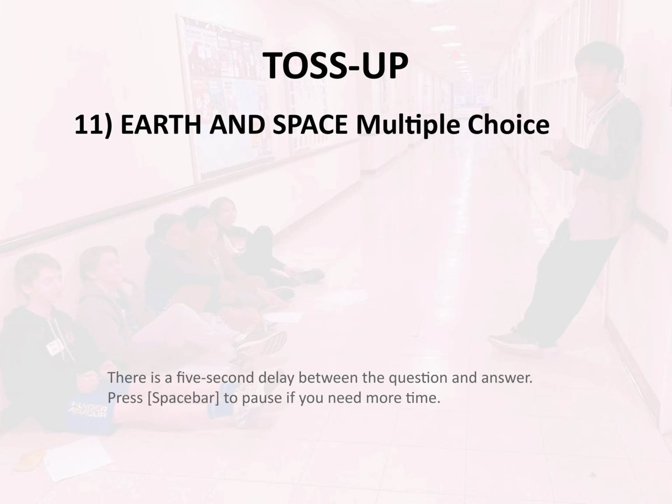Bonus 11. Earth and space. Multiple choice. Which of the following is not true about tides? W. They are long-period waves that move through the oceans in response to forces exerted by the moon and sun. X. They originate in the oceans and progress toward the coastlines.